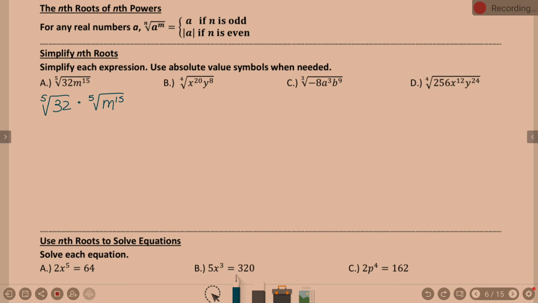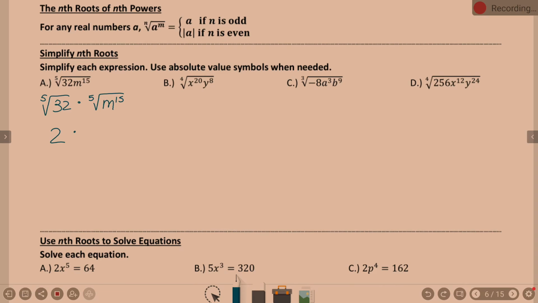Fifth root of 32 is 2. Now, the fifth root of m to the 15th. How can I rewrite this with a rational exponent? In other words, how can I take this out of radical form and put it in exponent form? So basically go the other way from what we were doing on the front side.